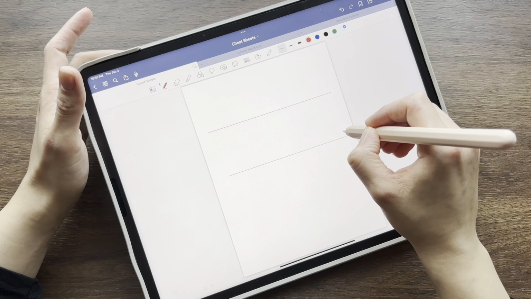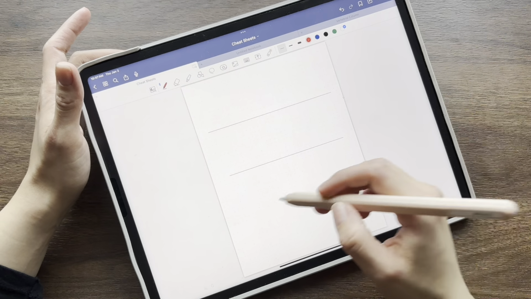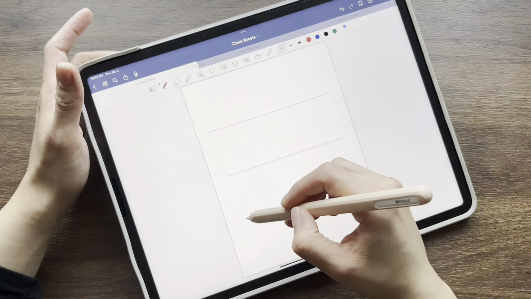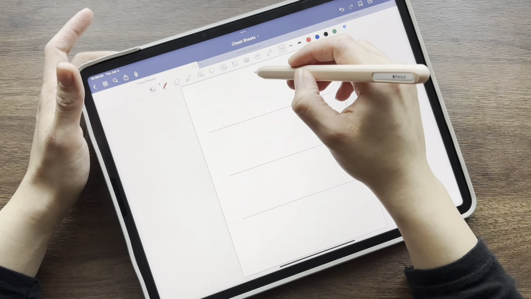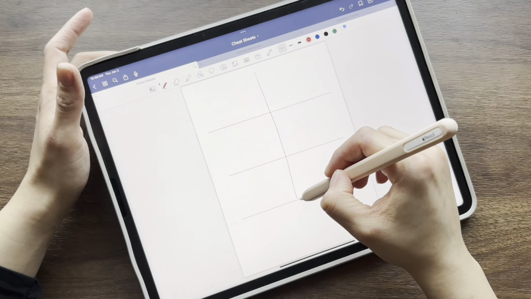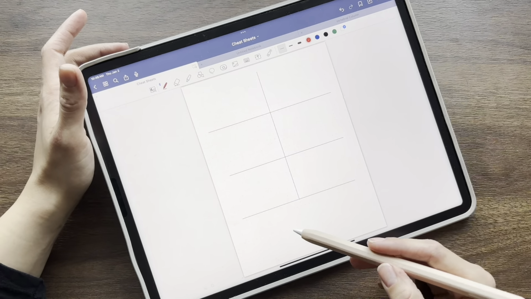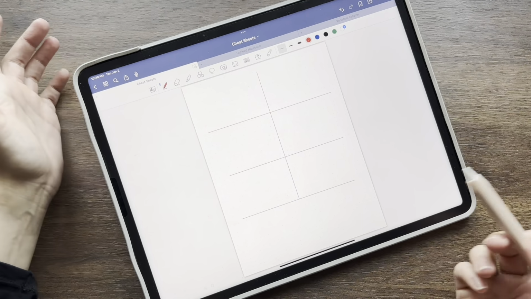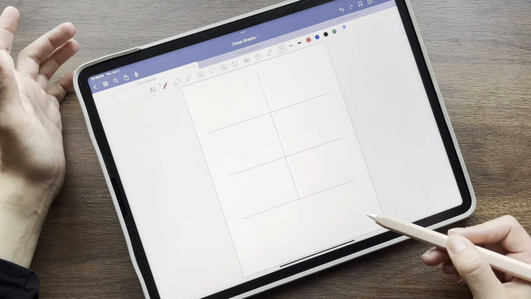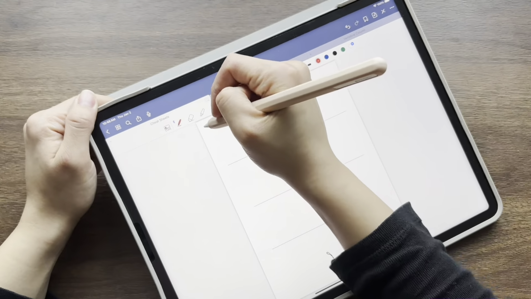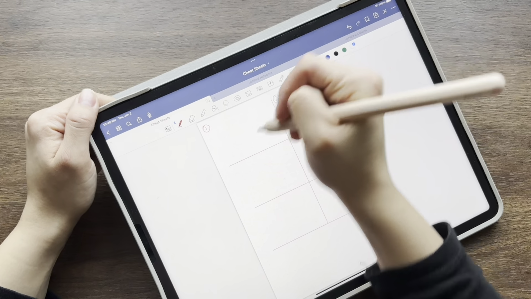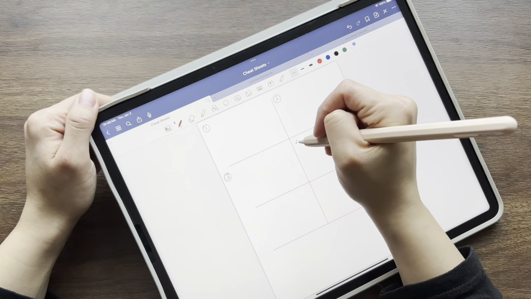Okay, so let's say 1, 2, 3, 4, 5, 6, and 7. And let's say the last one was the biggest one, so I would just leave a little bit more space for that section. And then what I would do is name these sections based on the notes.